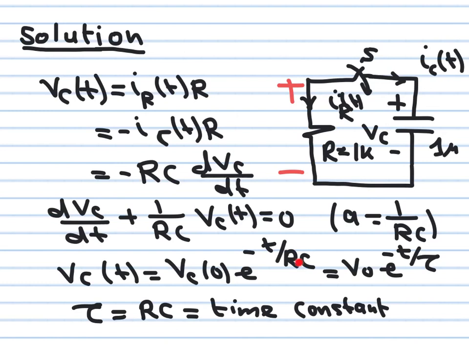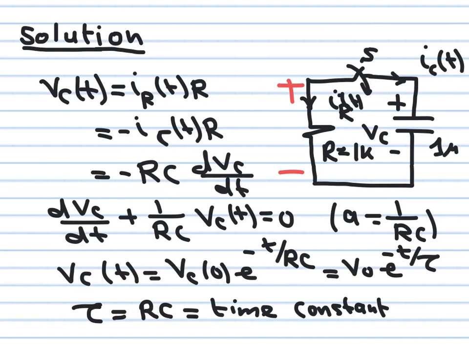If the resistance is too small, then the capacitor will supply higher current, because remember the current flowing here is equal to Vc divided by R, and then the capacitor will be drained faster, and tau will be a small number. But if the resistance is big, this means that the current drawn from the capacitor will be weak, and then the capacitor takes a long time to discharge, and the RC will be relatively larger.